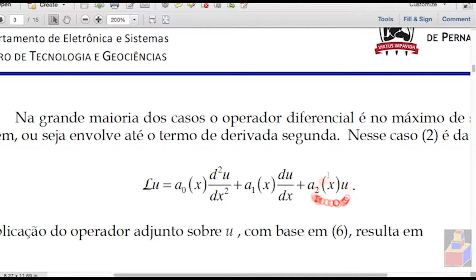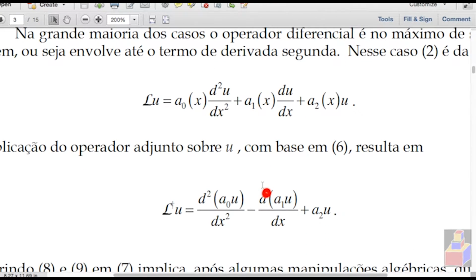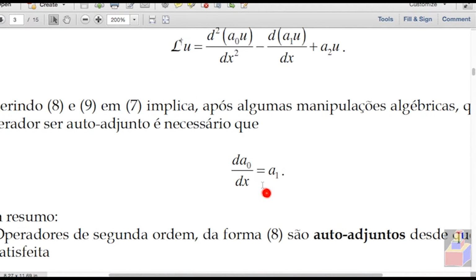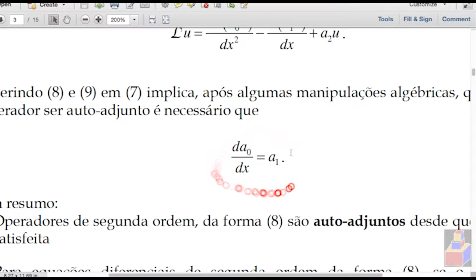This can be anything. There's no restriction, only the relationship between those two here. So this is one of the questions in the assignment that we're going to work out.